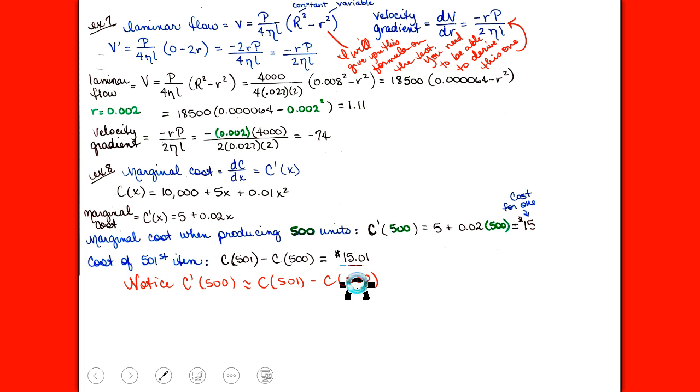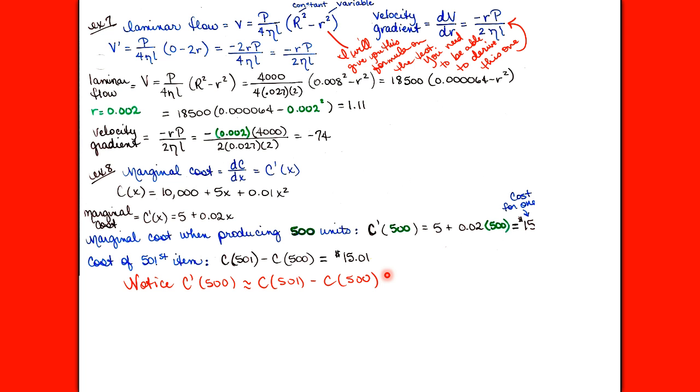So you'll notice that the marginal cost at that production level and the actual cost of making one unit at approximately that same place, those two should be maybe not exactly equal to each other, but they should be a good approximation of each other. And so you'll notice I got $15 here and I got $15.01 here.